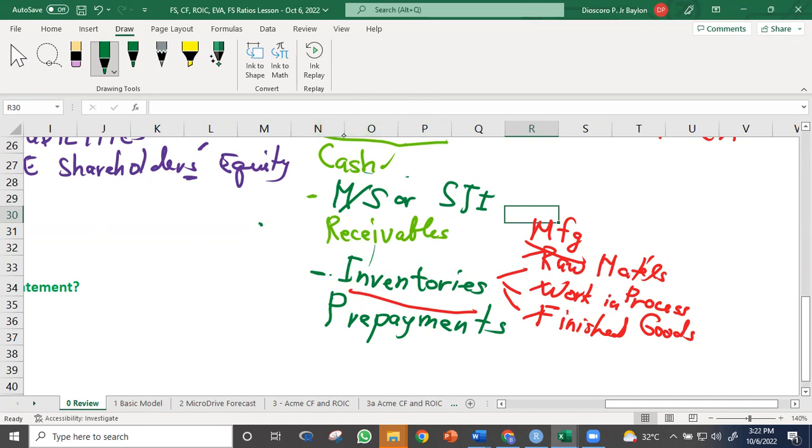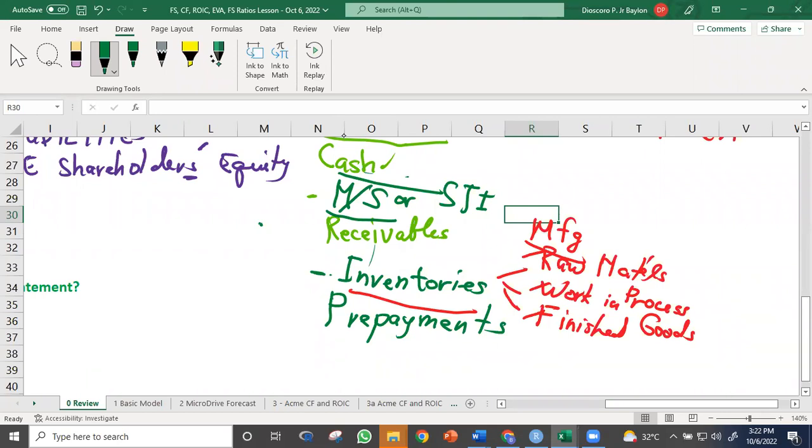Okay, it's your marketable securities. These are short-term investments, STI. Short-term investments, for example, treasury bills. A 90-day treasury bill is not yet cash, but it's a tradable security. That means you can sell it, and it can easily be converted into cash.